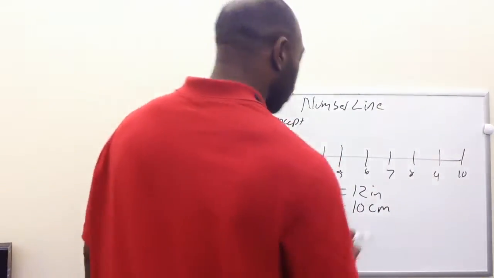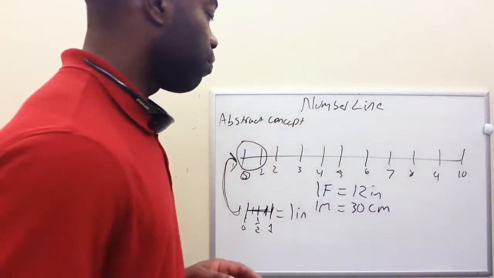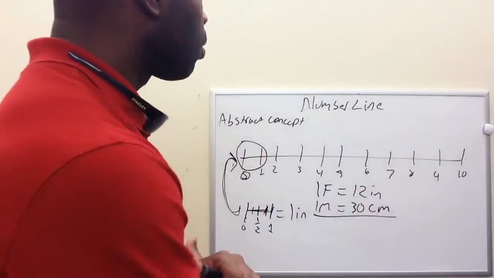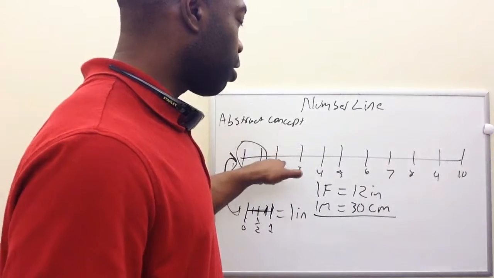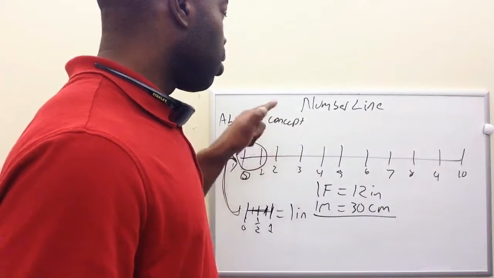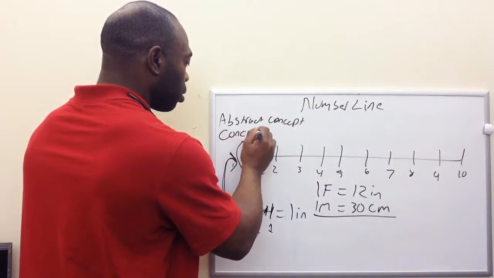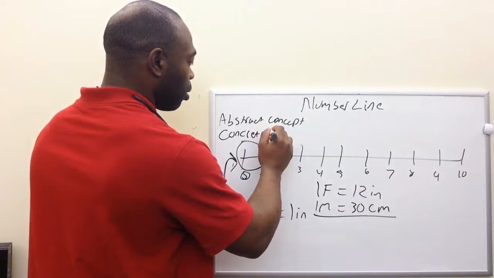No. 1 meter is equal to 30 centimeters. That's why it always confuses me. My 2 cent ruler is going to embody an abstract. No, it's going to embody a concrete number line.